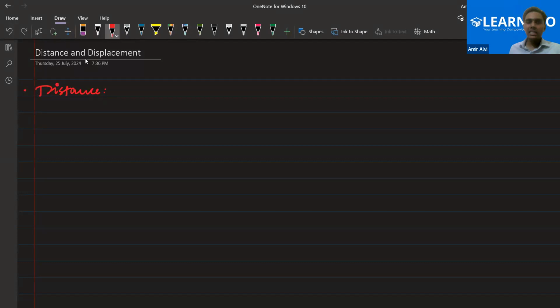Basically, distance is the actual path that you have taken from the initial point to the final point or the destination point.